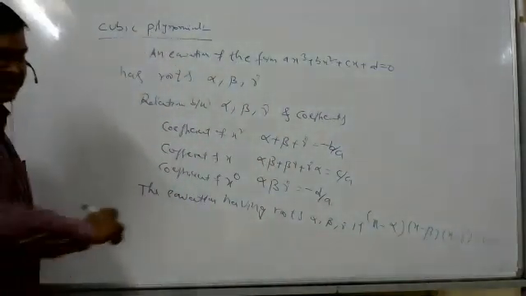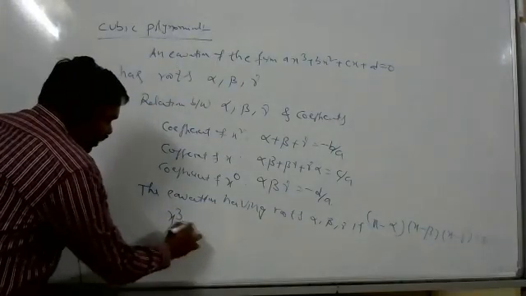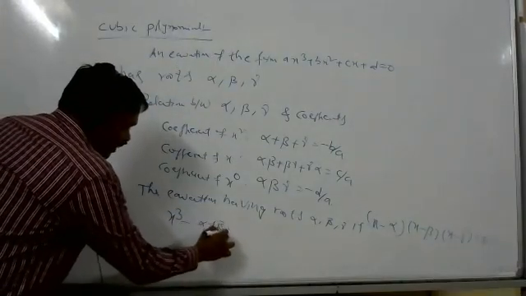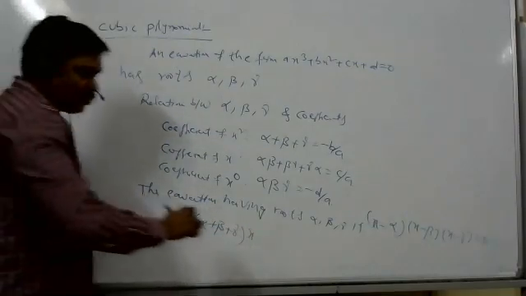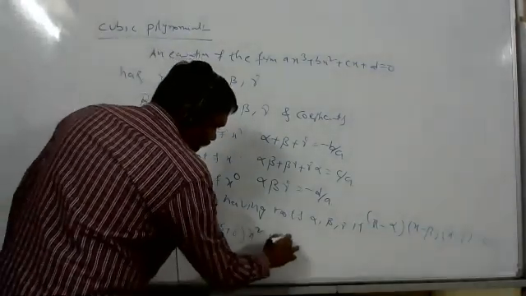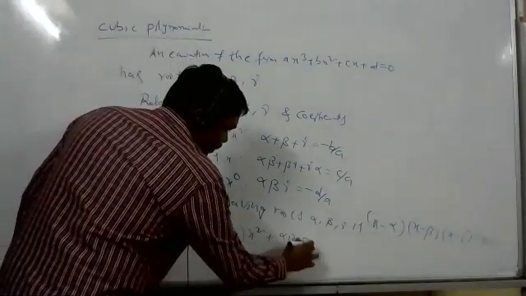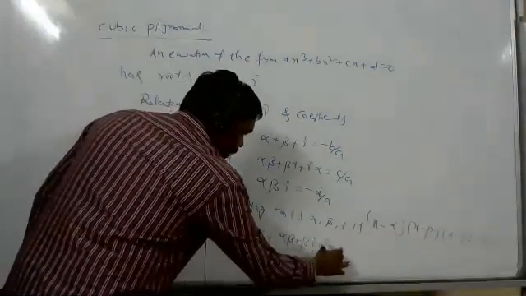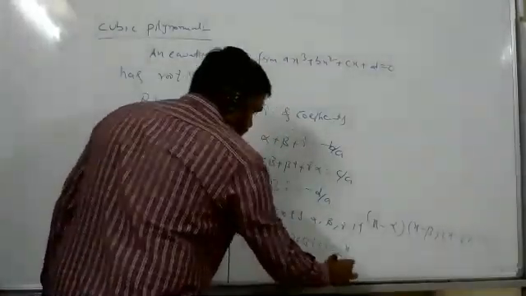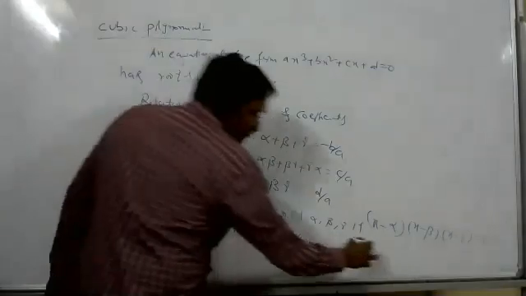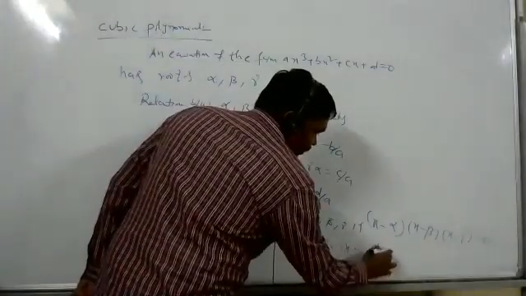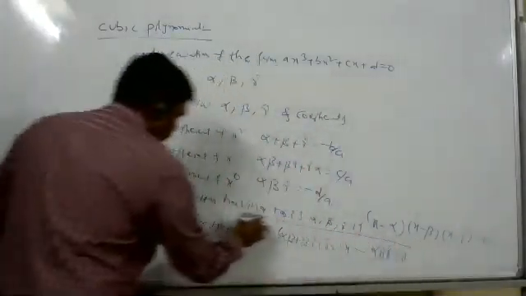Then the equation is x cube minus (alpha plus beta plus gamma) x square plus (alpha beta plus beta gamma plus gamma alpha) x minus alpha beta gamma is equal to 0. This is the equation.